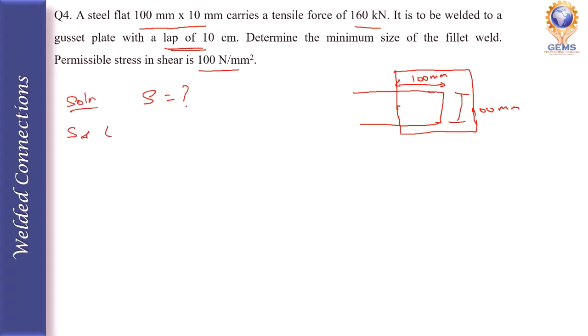Let S and LW be the size and the effective length of the fillet weld respectively.